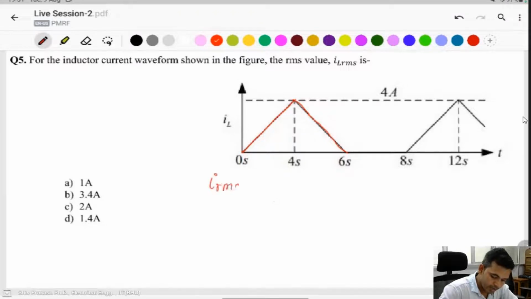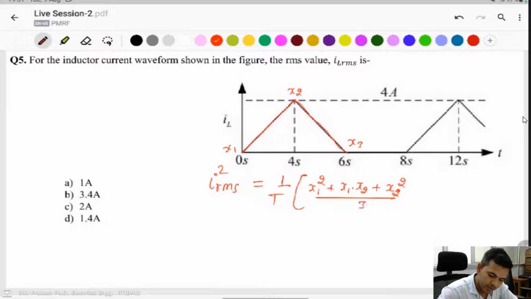You can apply the direct RMS formula, which I derive here: 1 by T. Let this one be x1, this one x2, and this x3. x1 square plus x1 into x2 plus x2 square, divided by 3, into this time t1, plus x2 square plus x2 into x3 plus x3 square divided by 3 into t2.